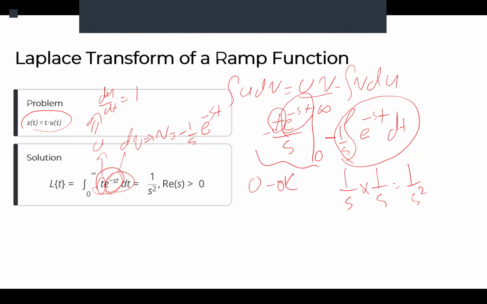So this part is 0, because the boundaries are 0. Are we good? So what is remaining? 1 over s squared, minus 1 over s. No, the integral of e to the power of minus st is minus 1 over s. Okay, so the minuses cancel each other out. Are we good? So, any question?